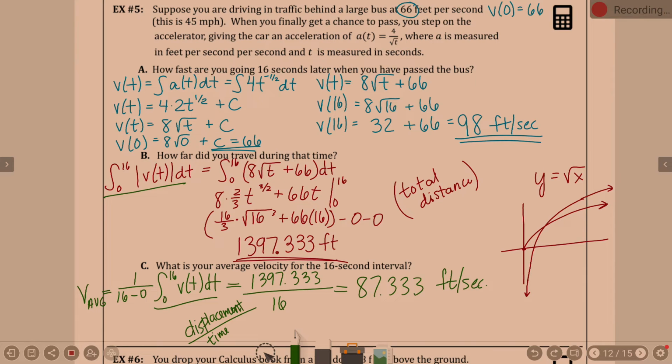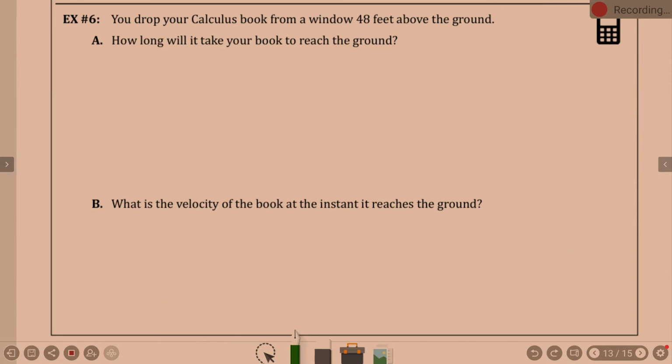We've got a half-page problem and a full-page problem. You drop your calculus book from a window 48 feet above the ground. How long will it take your book to reach the ground? Let's gather some information. What do we know?